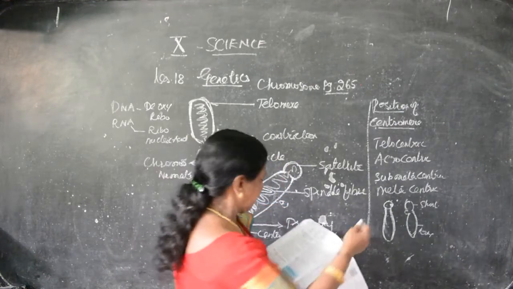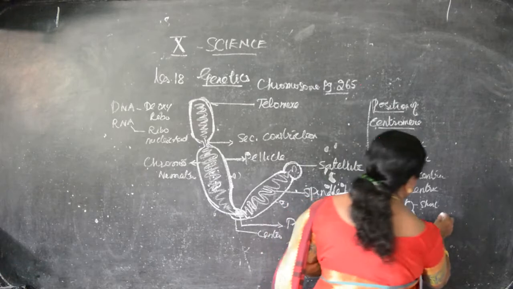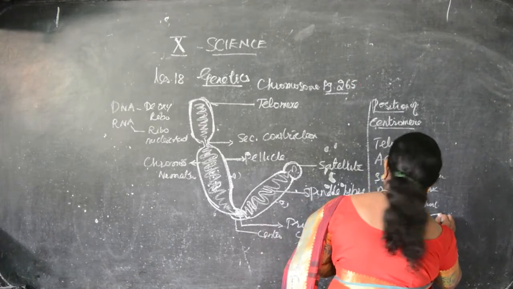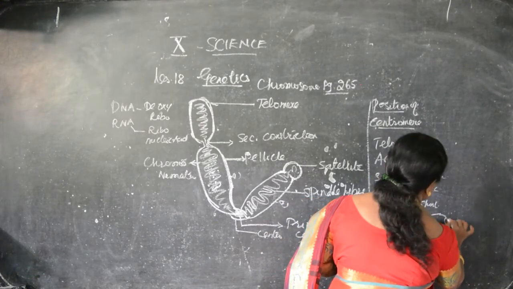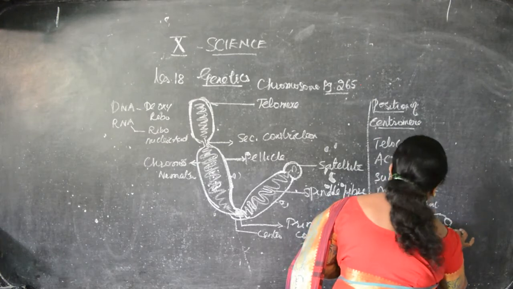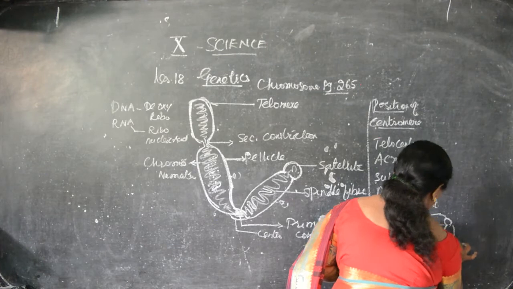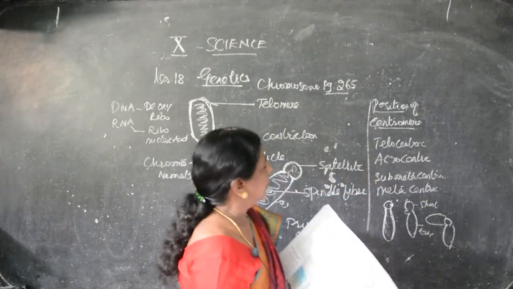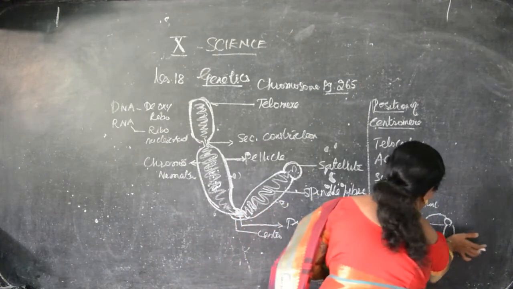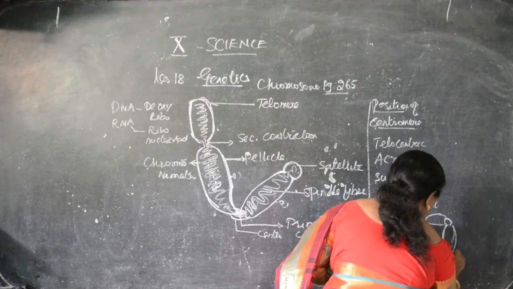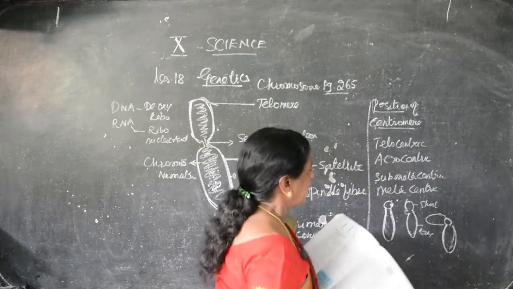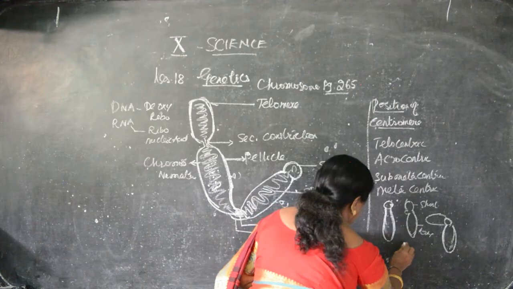Here also the arm is somewhat developed. This is one arm, this is the centromere, and this is the other arm. This one is big. Two unequal arms.